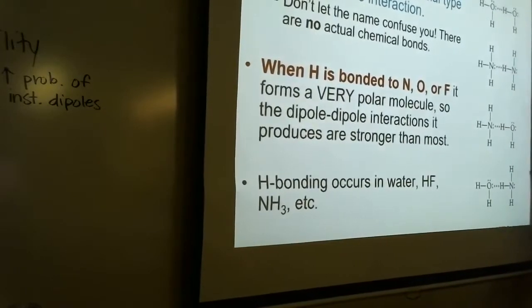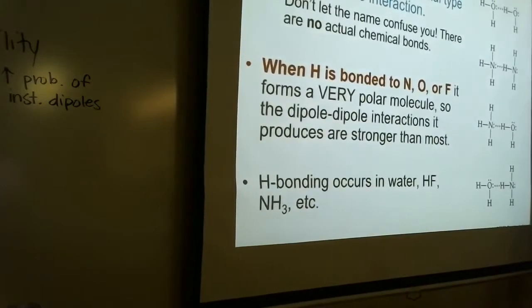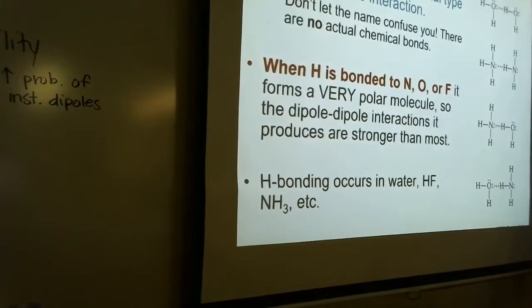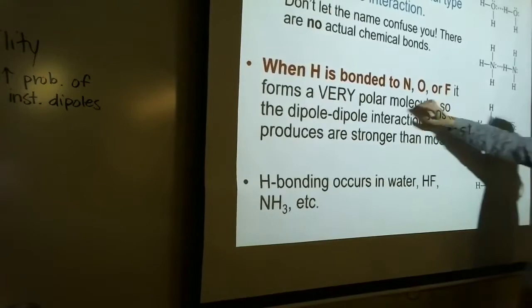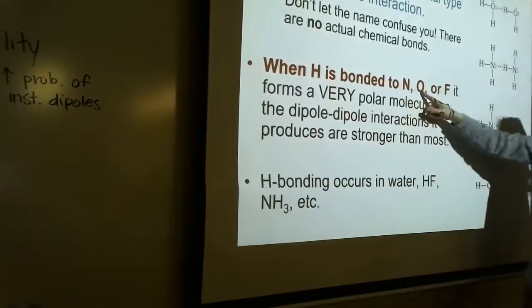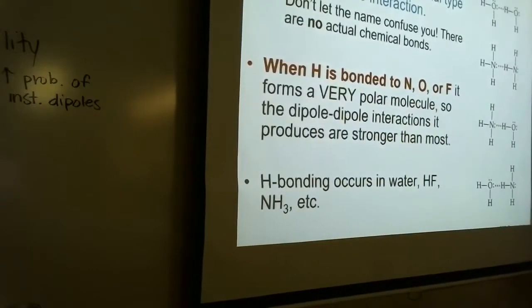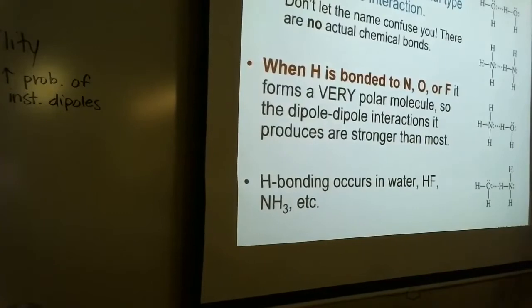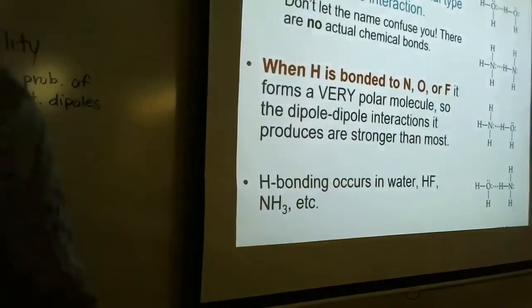So what happens here is hydrogen bonding is basically a special case of the dipole-dipole family. And when does it occur? Anytime you have hydrogen-nitrogen, hydrogen-oxygen, or hydrogen-fluorine. This is a really polar bond. Really polar bond. I shouldn't say really polar molecule because it may not necessarily be the entire molecule.